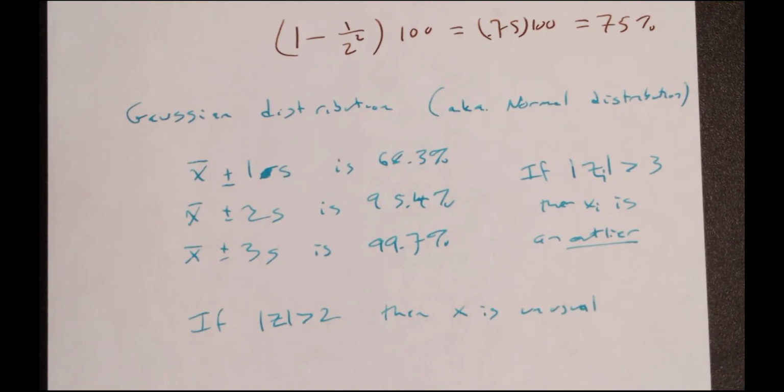This is particularly useful in data sets with a large number of things in it, hundreds, sometimes even thousands. The more data points we have, the more likely this is to be useful. By the way, I can use this to estimate the standard deviation. If 99% of the stuff is between 3 up and 3 down, then the highest and the lowest should be 3 up and 3 down.